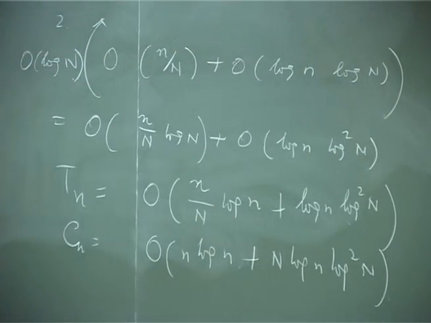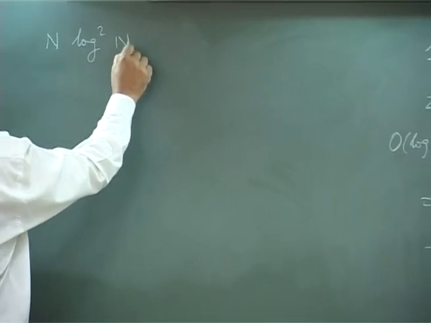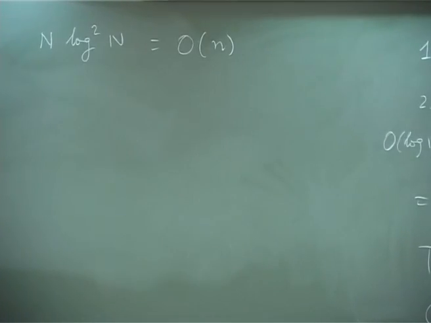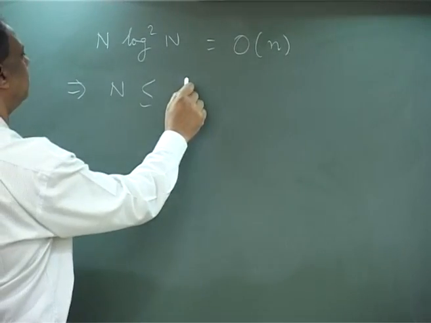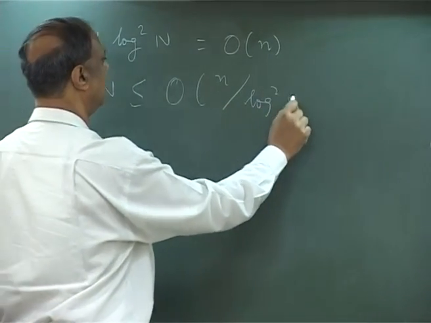That is N log square n must be equal to order n. Right? Which you can write N must be less than or equal to order n by log square n.